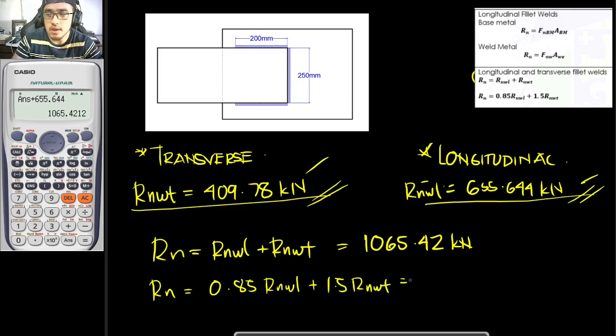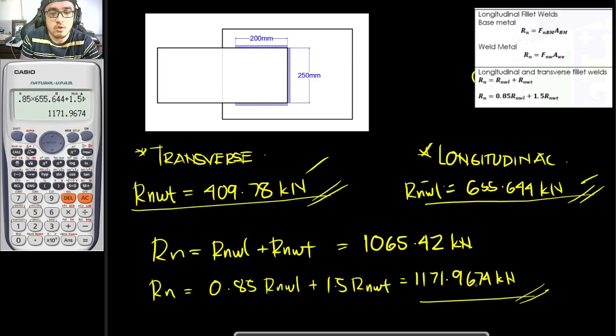RNWT. In our calculator, that is 0.85 times 655.644 plus 1.5 times 409.78. So this is equal to 1171.9674 kilonewtons. So which one of these would govern?